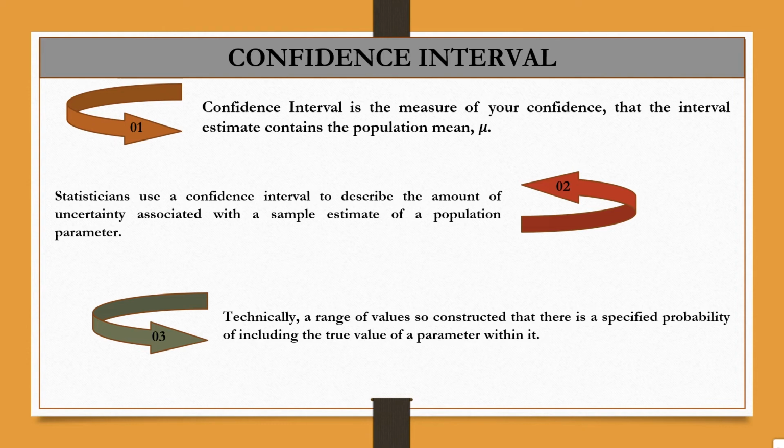Now guys, this is a lot of definition. Let me help you understand the confidence interval with a small example. Let's say you perform a survey of a group of cat owners to see how many cans of cat food they purchase in 1 year.